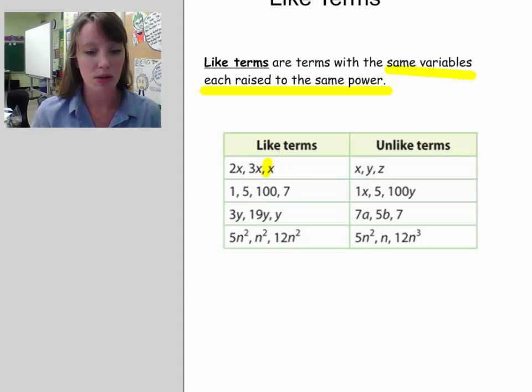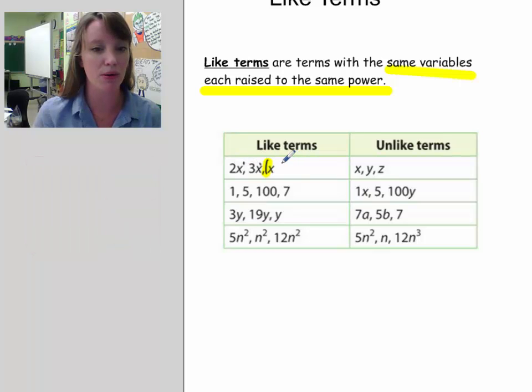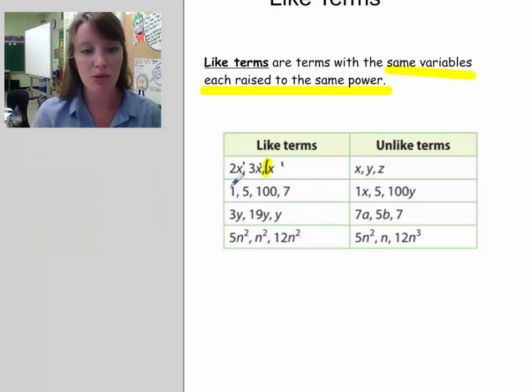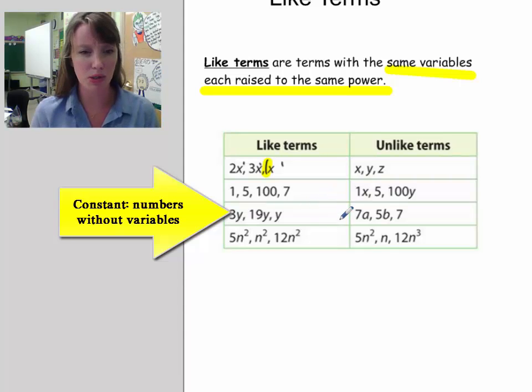So 2x, 3x, and 1x are all like terms because they all have an x raised to the same power. All of these numbers, 1, 5, 107, are like terms because there's no variable attached to them. These are called constants. We'll talk about that more when we talk about polynomials.